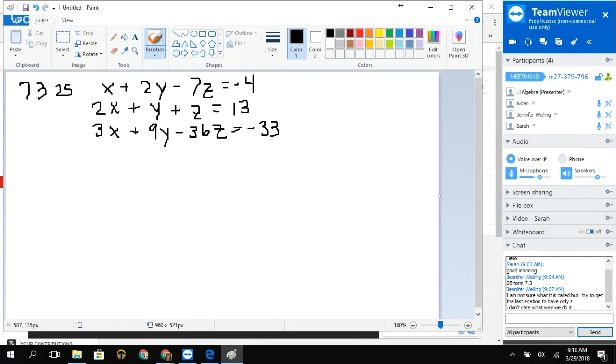Okay, so what I'm proposing that we do for this problem is we could use Gaussian elimination and get it down, but I think the method that's slightly easier is if we use the method of substitution for this problem. And what I'm thinking is that we could first solve this middle equation for z and then substitute it into our other two equations.